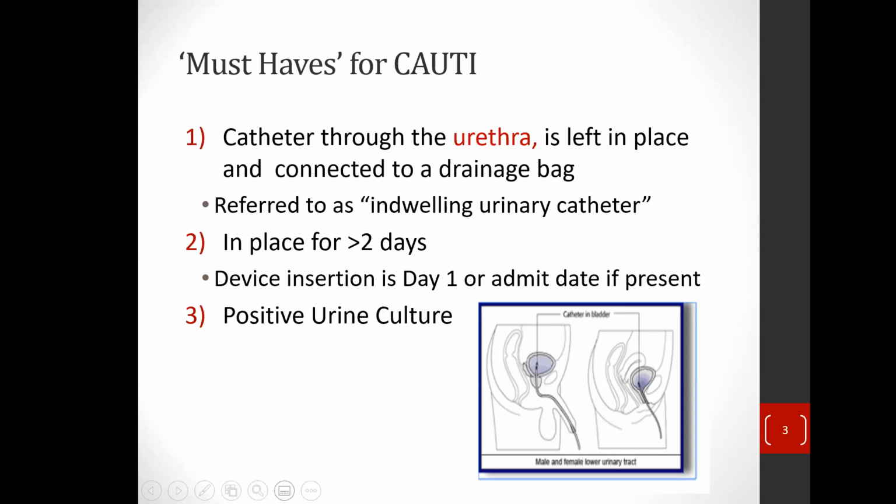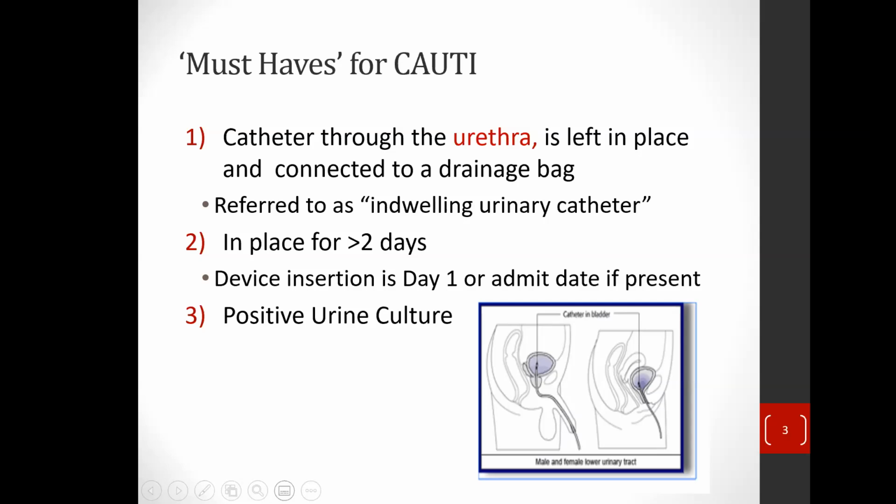So that catheter that is in through the urethra, left in place, connected to a drainage bag, has to be in place for more than 2 days in order for it to be a catheter-associated UTI. So the patient has to have exposure to that catheter enough that it makes a difference in it being a causative agent in the infection. And the device insertion is considered day 1.